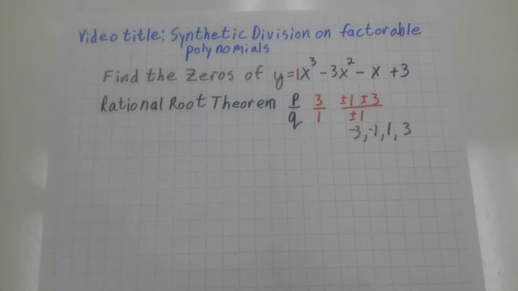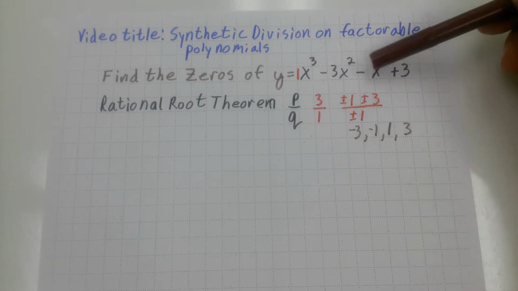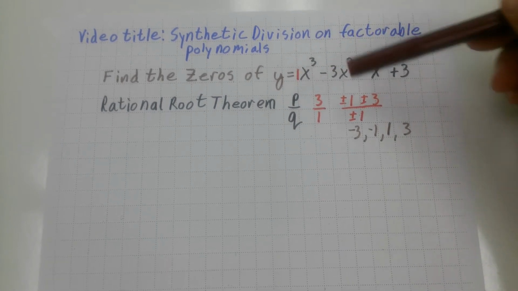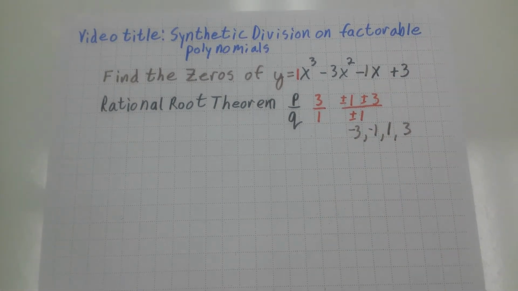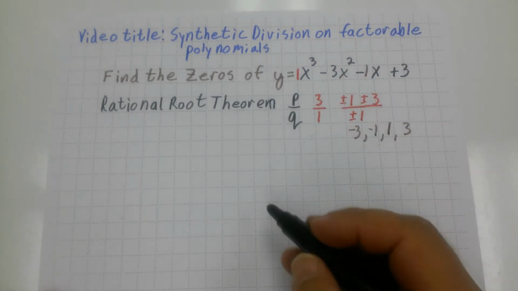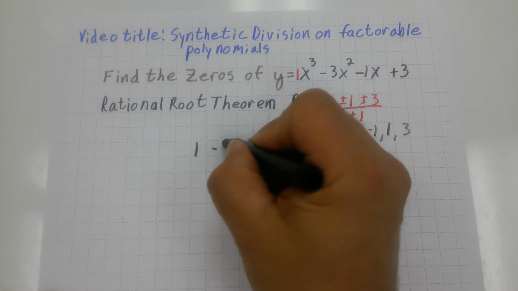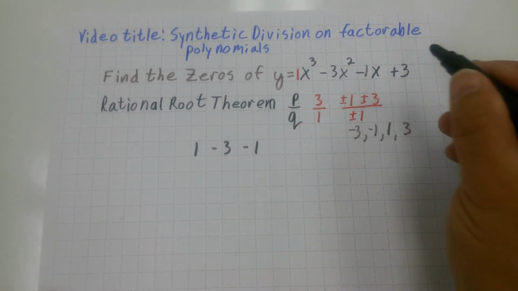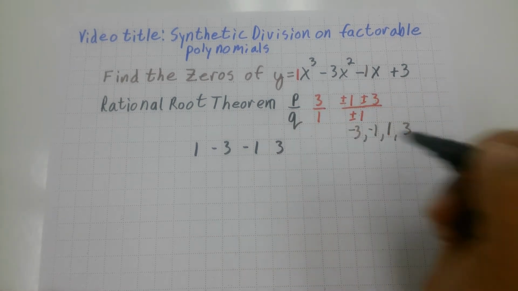When you do synthetic division, you want to act like a computer. A computer wouldn't deal well with these variables. It would just deal with the coefficients: the 1, the negative 3, the negative 1, and the positive 3. So I'm going to write down those coefficients. The first coefficient is positive 1, the next is negative 3, the next is negative 1, and the last number, the constant term, is positive 3.